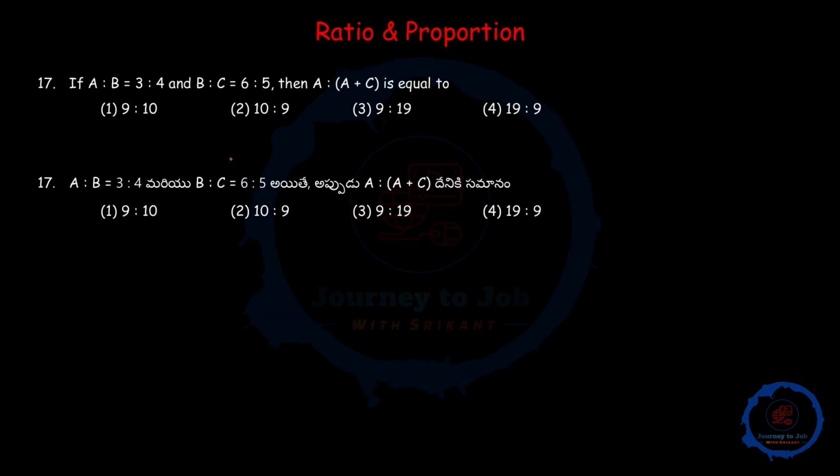next question. If a is to b is equal to 3 is to 4 and b is to c is equal to 6 is to 5, then a by a plus c is asked. See, a by b is 3 by 4, b by c is 6 by 5.